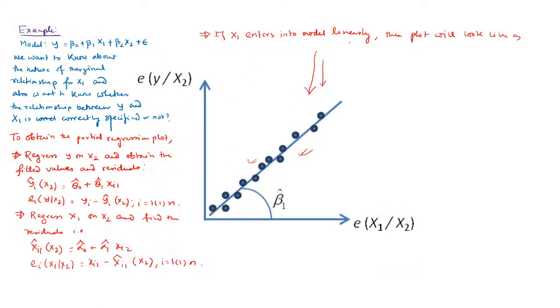If x1 enters the model linearly, then the plot will look like this. We have already seen that the slope of this line is the regression coefficient of x1 in the multiple linear regression model.